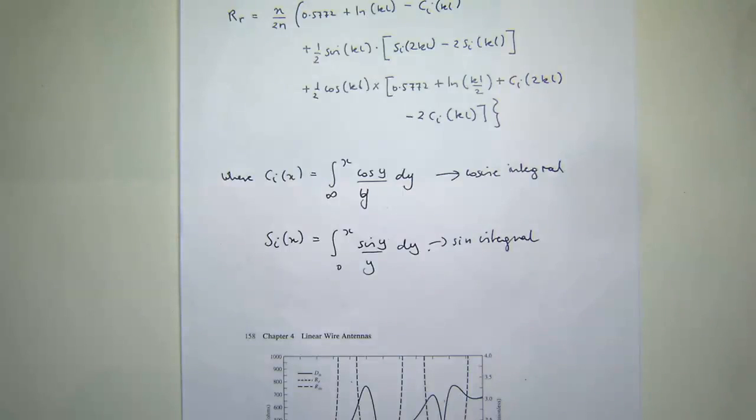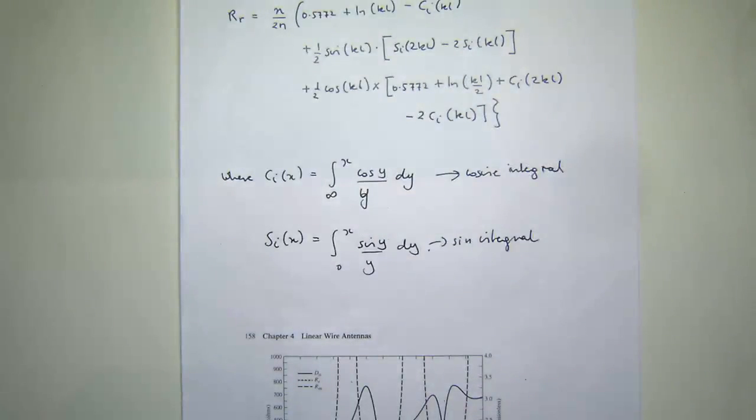You have to use Cauchy's integration theorem, but we won't talk about that. Let's assume that you will have these available to you in the exam, or if you're working as engineers, you plug it into a tool like Mathematica, or you look up a book of integrals, and you can actually work out the radiation resistance.